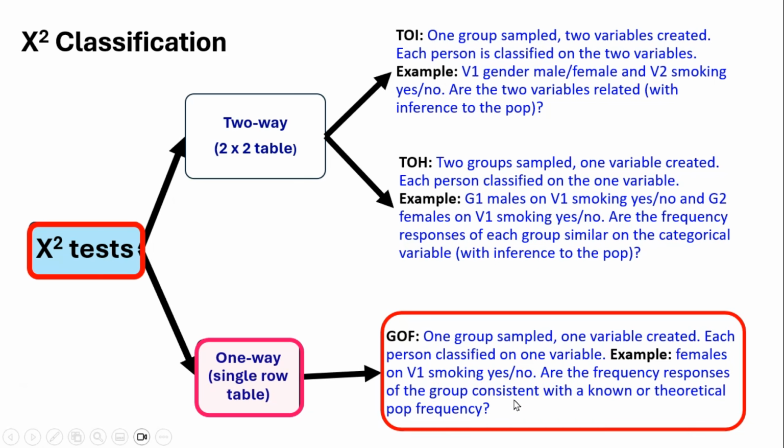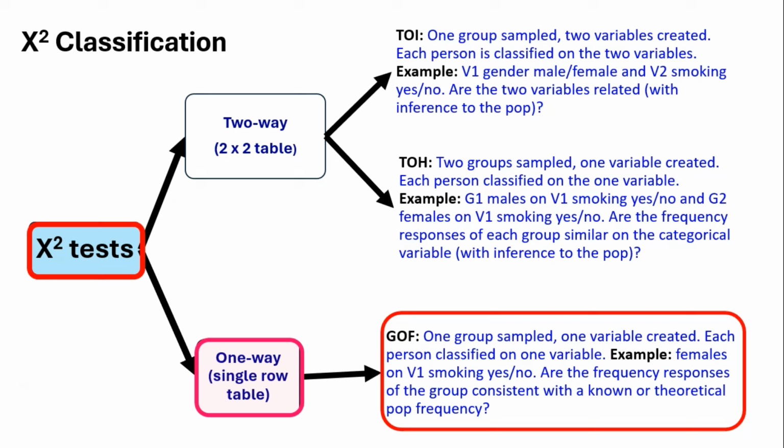So in this case, you're comparing your sample to a known population frequency to see if your data are consistent with that known population frequency. That's why they call it the goodness of fit test.